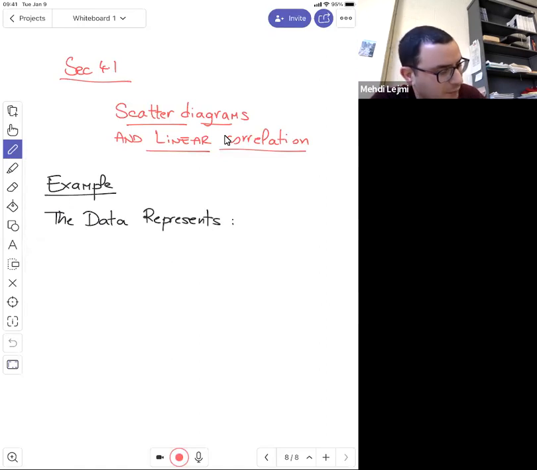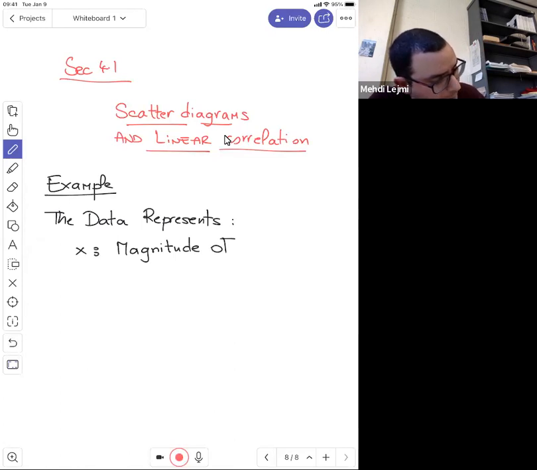So we had two variables, right? We had the X variable, and we said the X variable represents the magnitude of the earthquake. So X is the magnitude. Of course the unit here is the Richter.